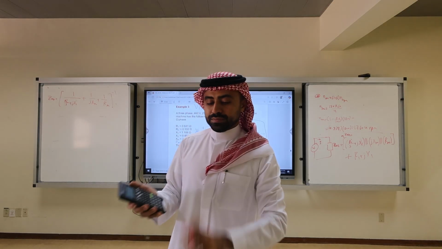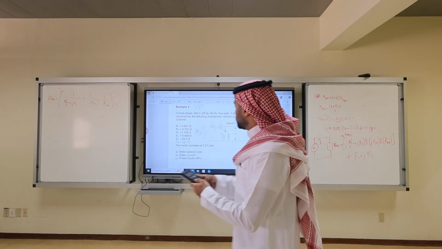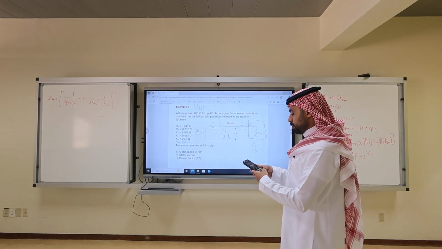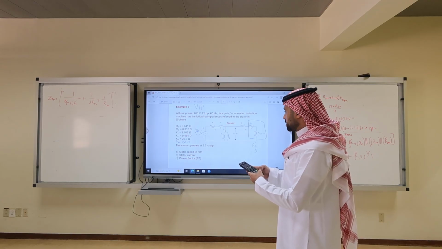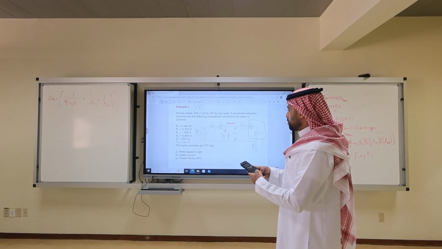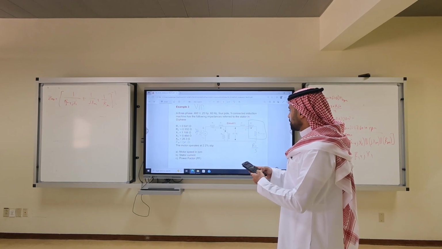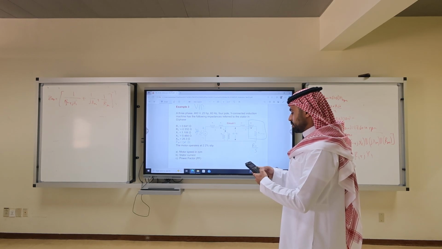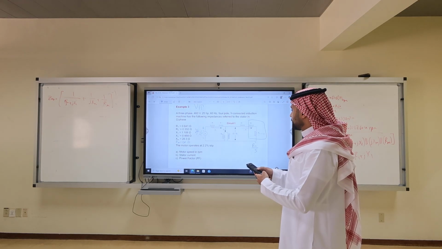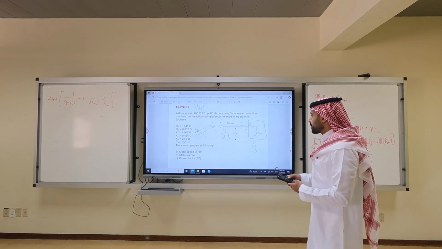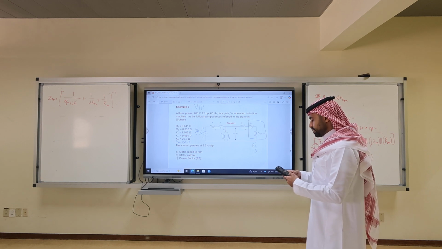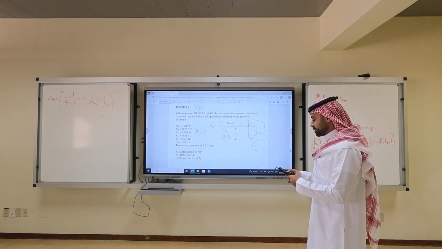1 over, what is R2 prime? 0.332 divided by 0.022 plus J times 26.3 plus 1 over J times 26.3. My bad.